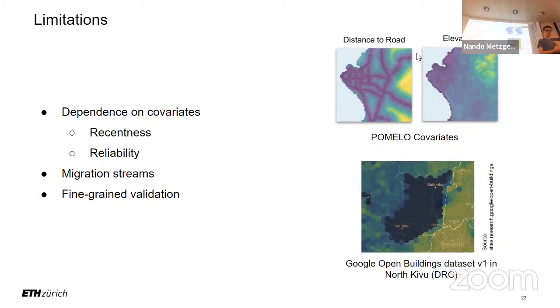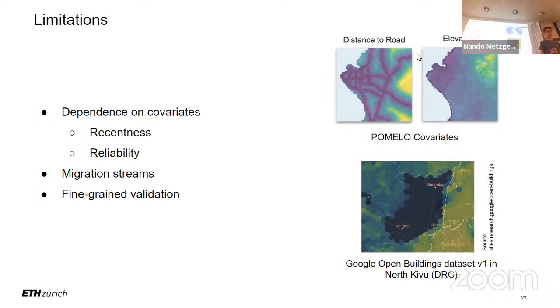One other thing is the Google Open Buildings. It's very nice that we have those buildings, but using their building maps makes you really dependent on those large companies. We also don't know if they ever plan to update this data set in the future. So it's a bit of a curse and a blessing.